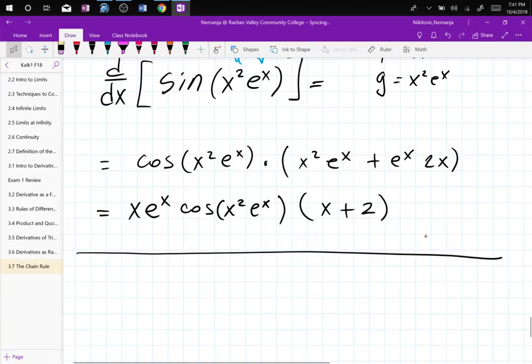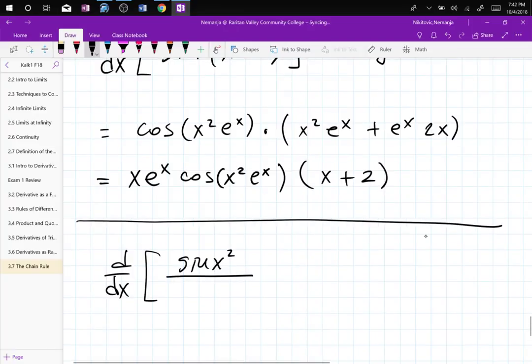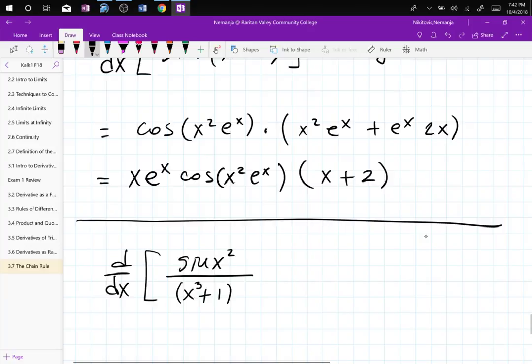Now, if you started panicking by now, where's my quotient rule? Here we go. I mean, I do not want it to feel left out or something, right? So we will have the quotient rule set up as, say, sine x squared divided by x cubed plus 1 cubed.